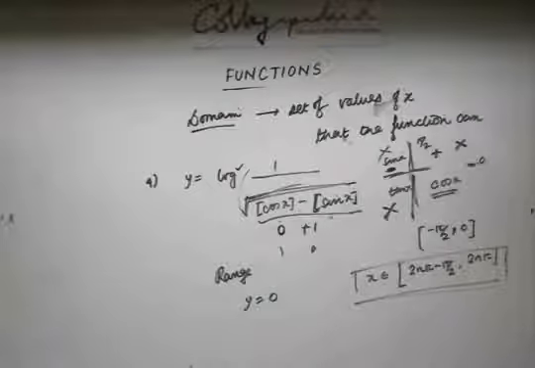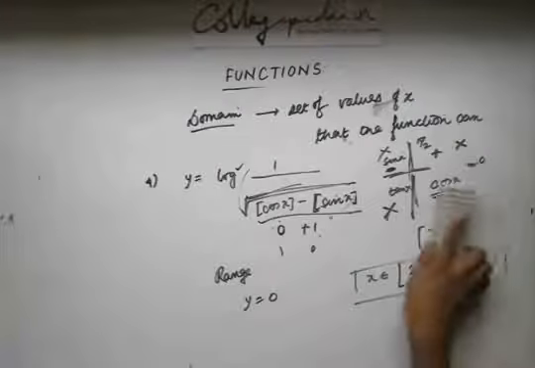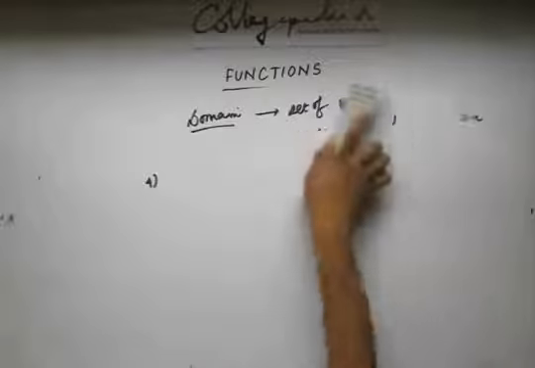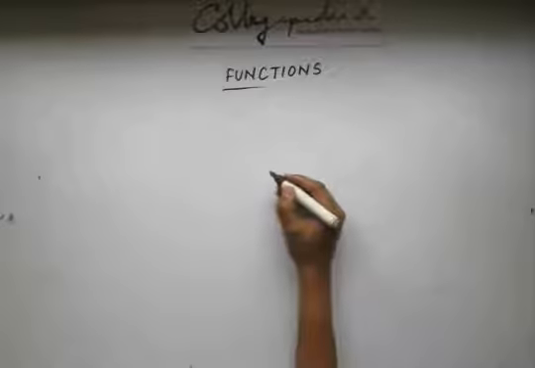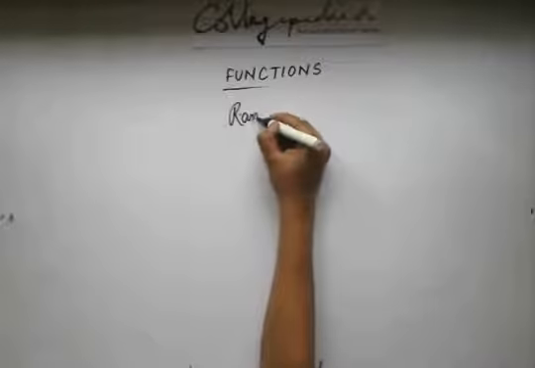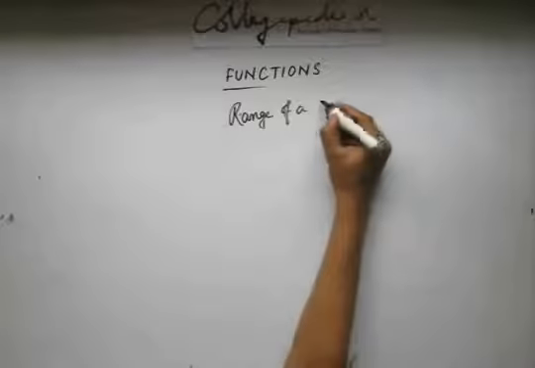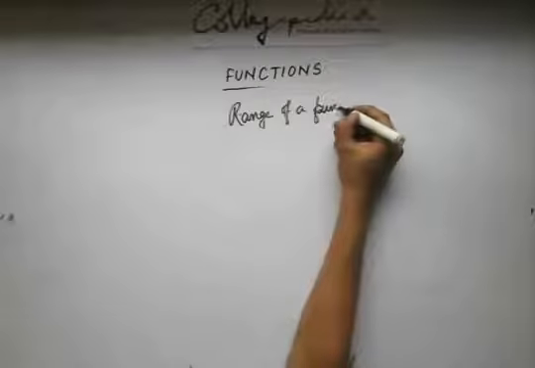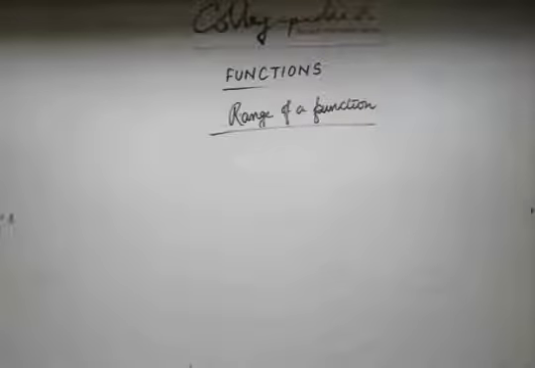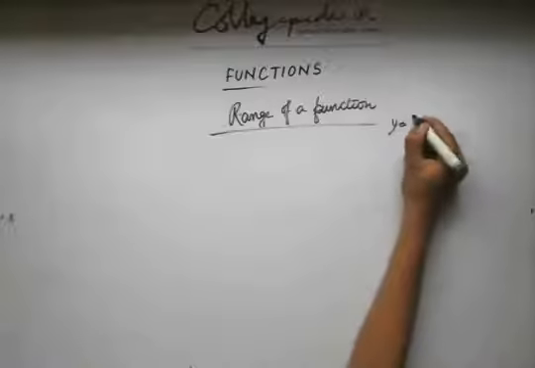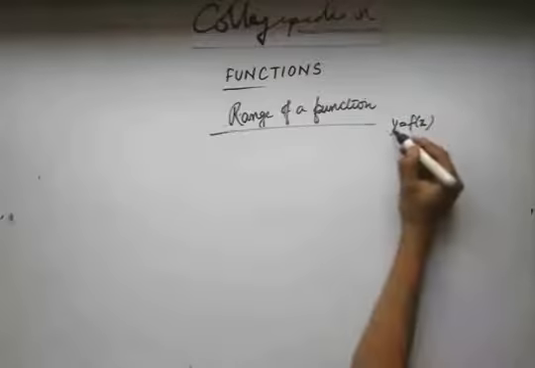Okay, so we had seen what domain of a function is, how to find the domain of a function. Now let's look at how to find the range of a function. If I have a function y equal to f(x), then range is what values y will take.